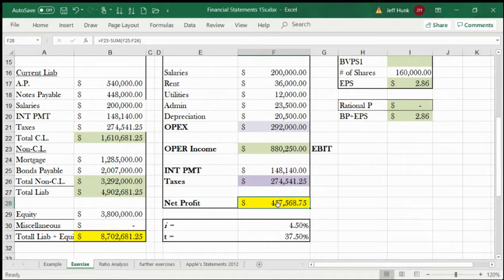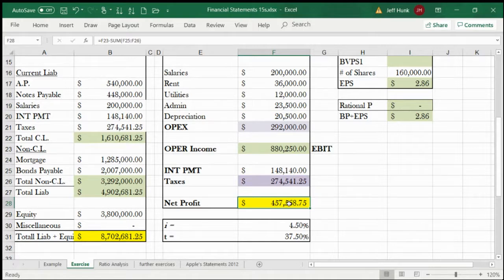Because this belongs to the owners, and this is certainly not debt in terms of nature of capital. It doesn't belong to anybody else. It's owned by the owners, free of debt. This is what the company owes to the owners, but the company doesn't distribute it to the owners, right?